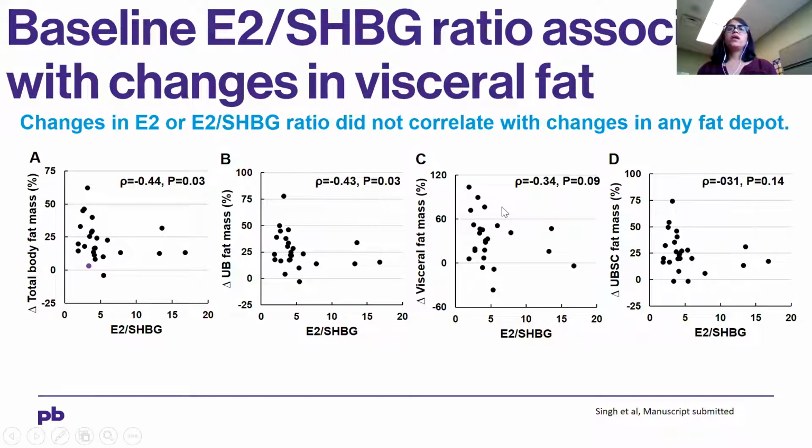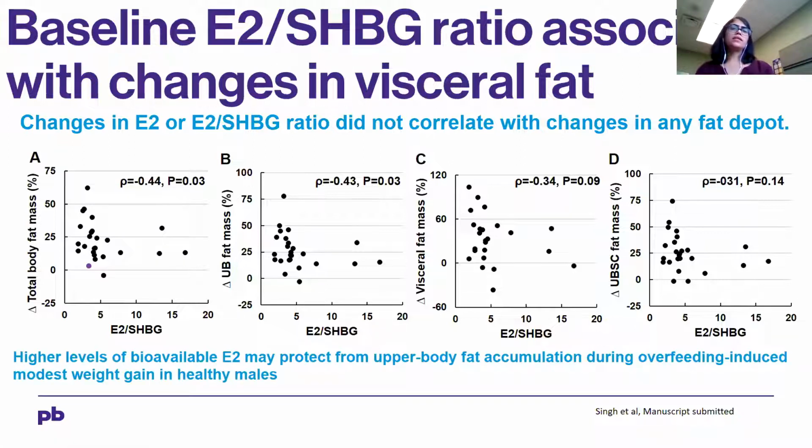Now, when we dissect out the upper body fat as subcutaneous versus visceral, we find that there was a good tendency for correlation with the visceral fat mass, but not so much with the subcutaneous tissues.